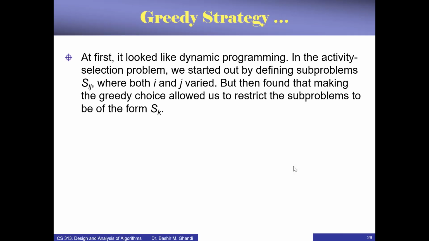However, we actually don't have to follow all those 6 steps. So at first, it looked like dynamic programming. In activity selection problem, we started out by defining subproblems Sij, where both i and j varied, but then found that making the greedy choice allows us to restrict the subproblem to just one.